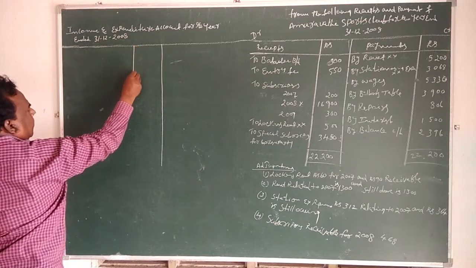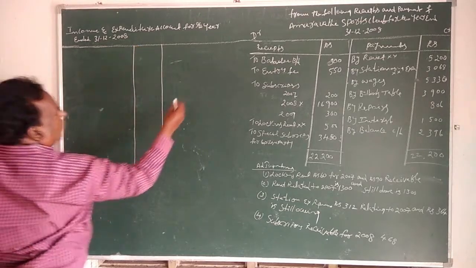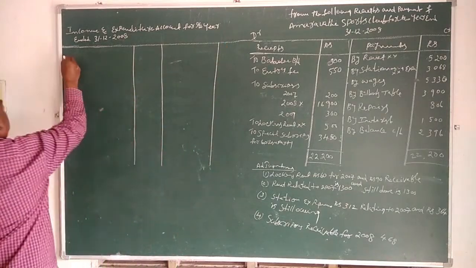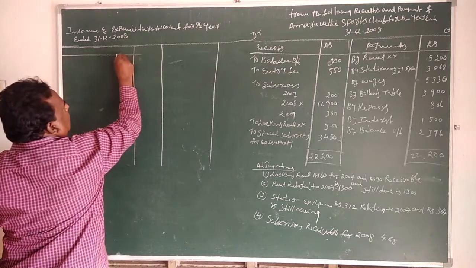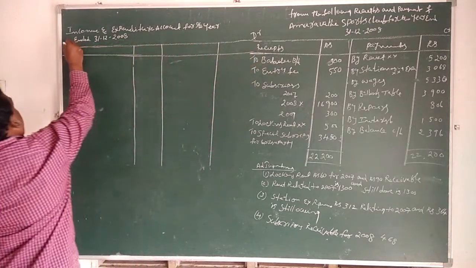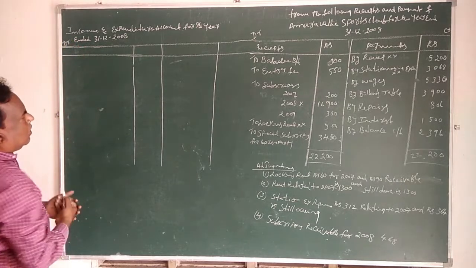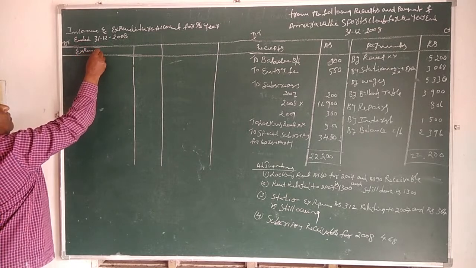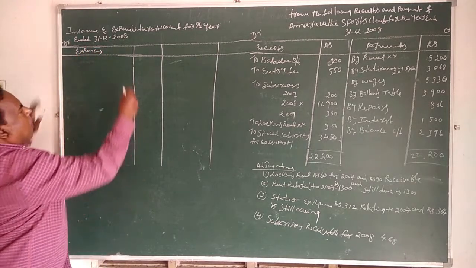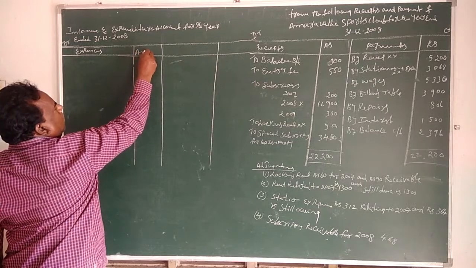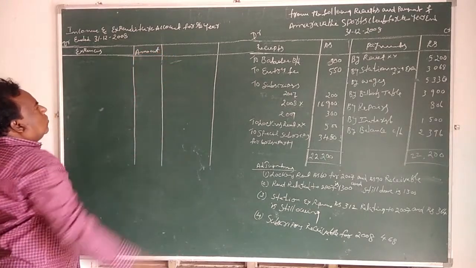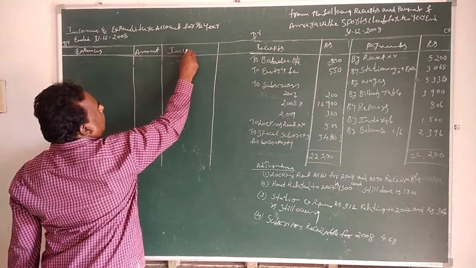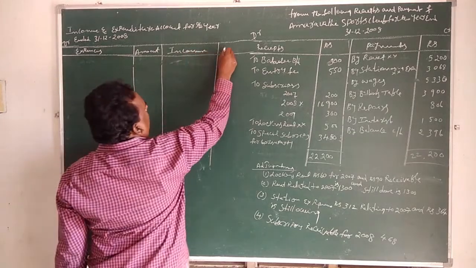This is the income and expenditure account. Debit side: expenditure, amount. Credit side: incomes, amount.